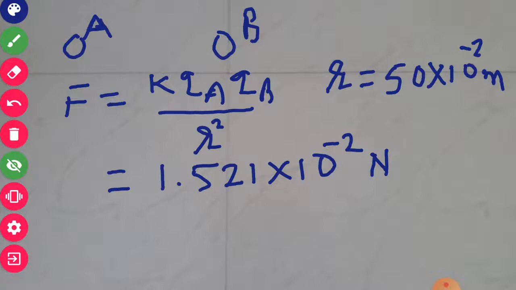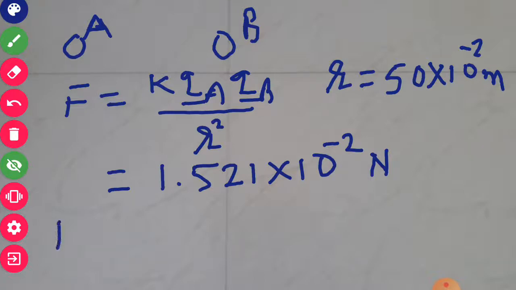Now the second part: what is the force of repulsion if each sphere is charged double the above amount? Now instead of QA you will write 2QA, instead of QB you write 2QB, and the distance is made half.